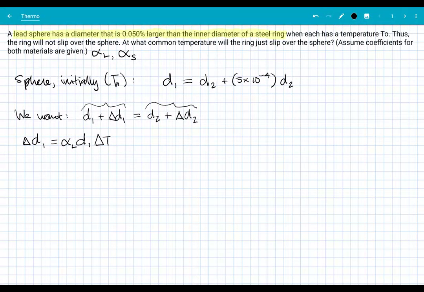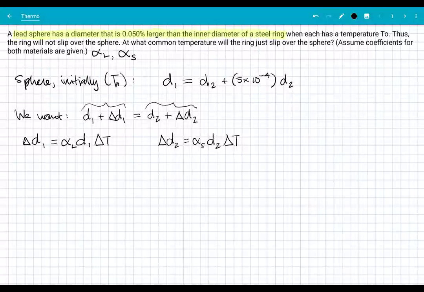Because they're together. The change in diameter for the steel ring is going to be equal to the coefficient for steel times the initial diameter of the steel ring times the same delta T that I have for the expression for the sphere. Okay, initial and final temps are the same.